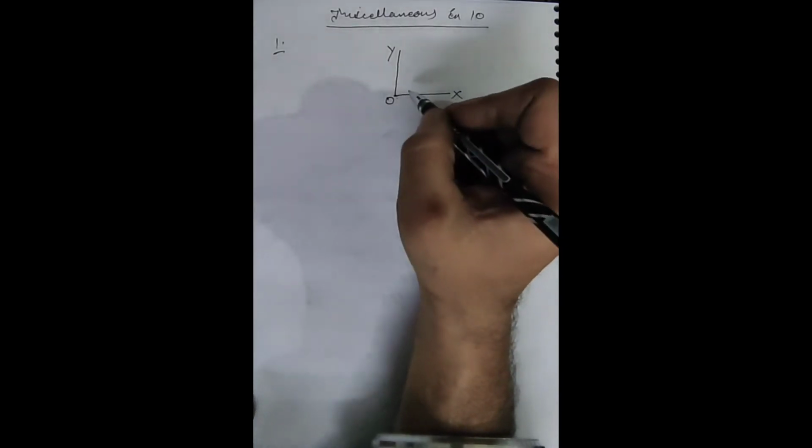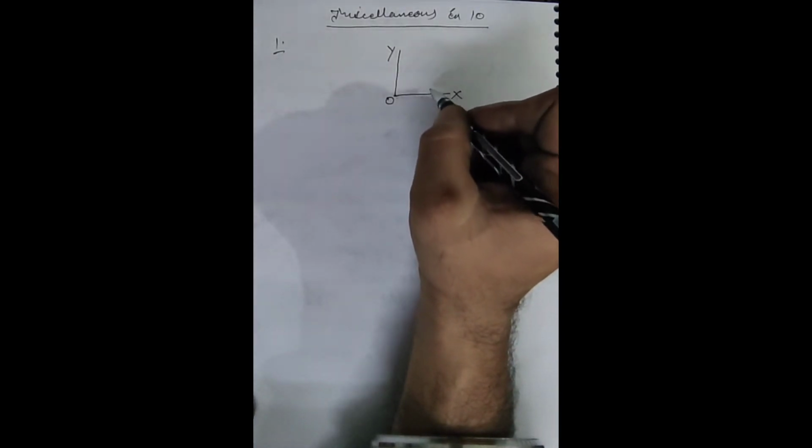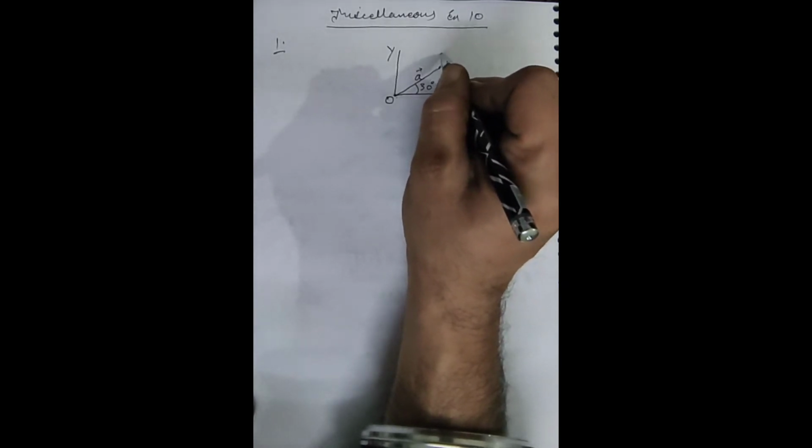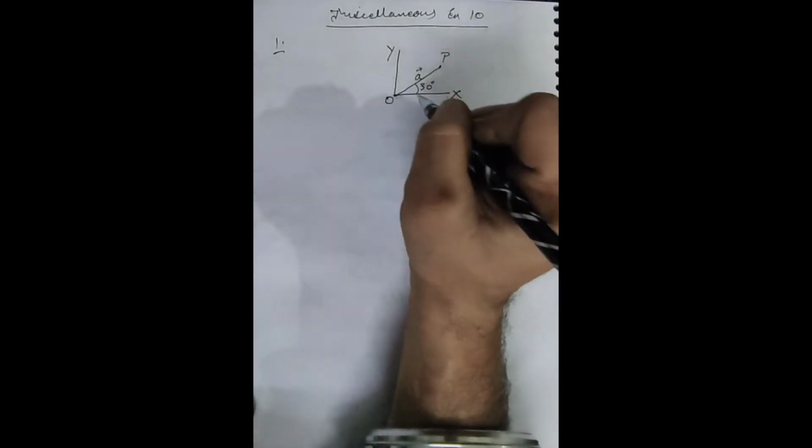So let us suppose it's a vector A, making a 30 degree angle with the x-axis positive direction. This is vector A, and its terminal point we consider here as P. Now we require its components only along the x and y axes.